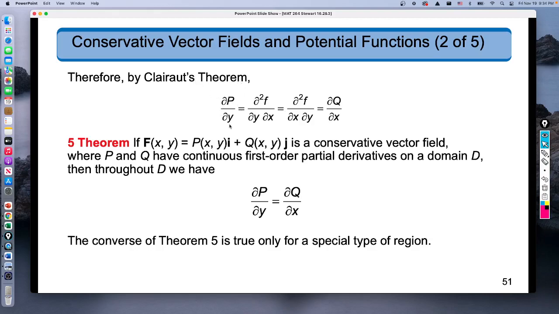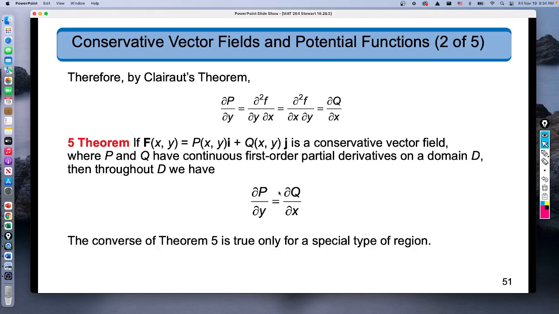And then we can take it a little bit further. Going on to the second partials would be equal, remember. Therefore, we can show that if this vector field is conservative, then the first partials, the partial of P with respect to y and the partial of Q with respect to x, will be equal.